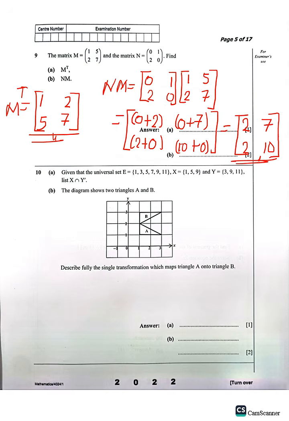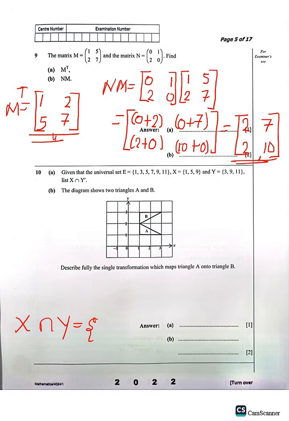So we have this x intersecting y. So what is the x intersecting y first? We need to look at the elements that are found in x and y. Then we'll look at the complement later. So let's look at x intersecting y.